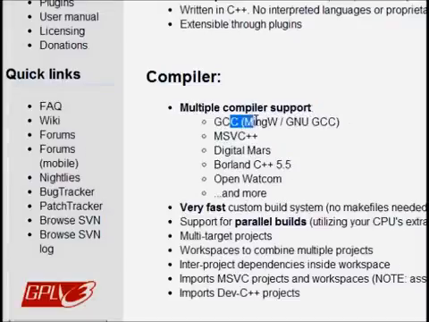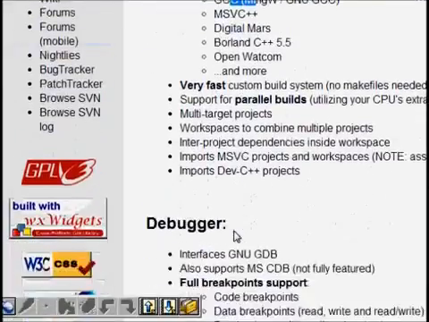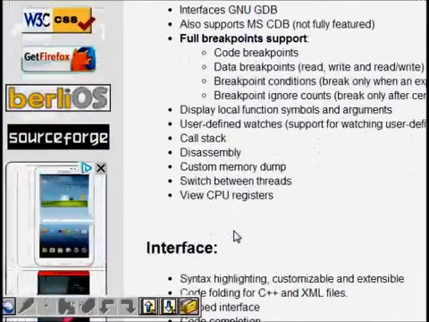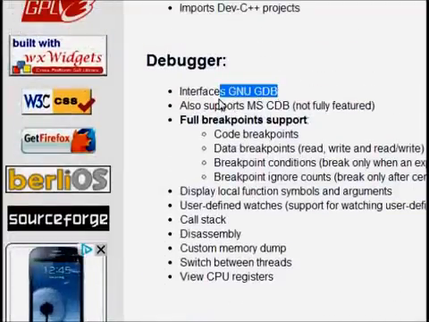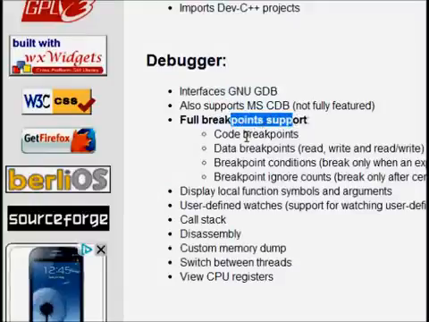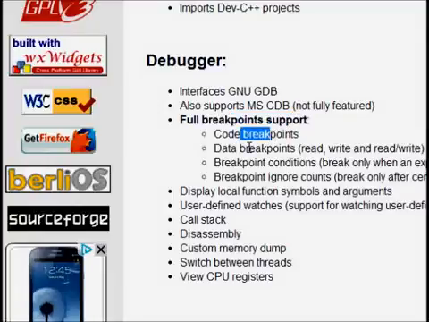It supports all different sorts of compilers for C++: the GNU GCC compiler, the Borland compiler, etc. It has a very good debugger, the GNU GDB interface, with full breakpoint support. So when you are debugging code, you can put breakpoints, including read, write and conditional breakpoints.